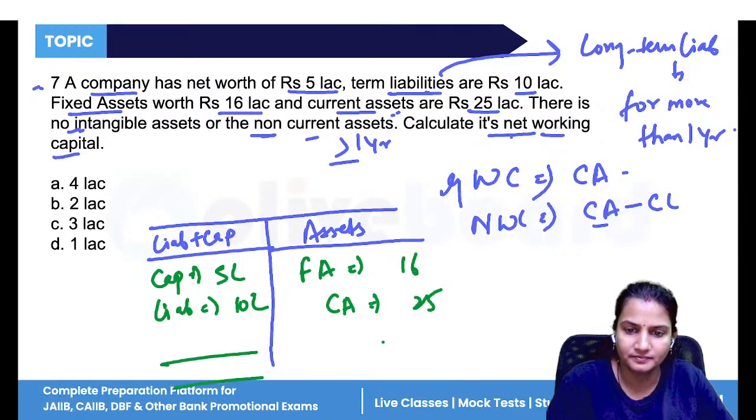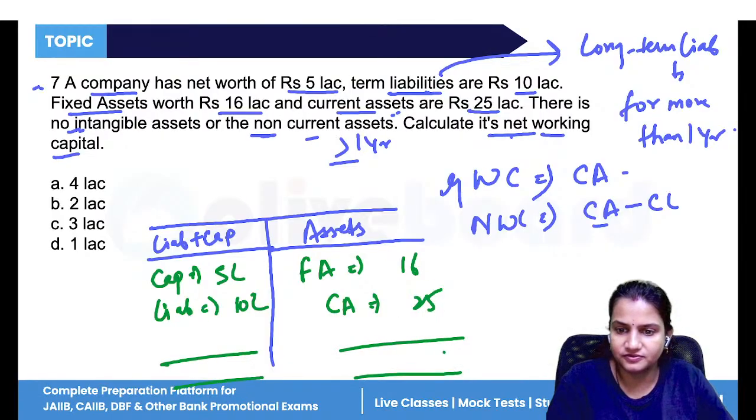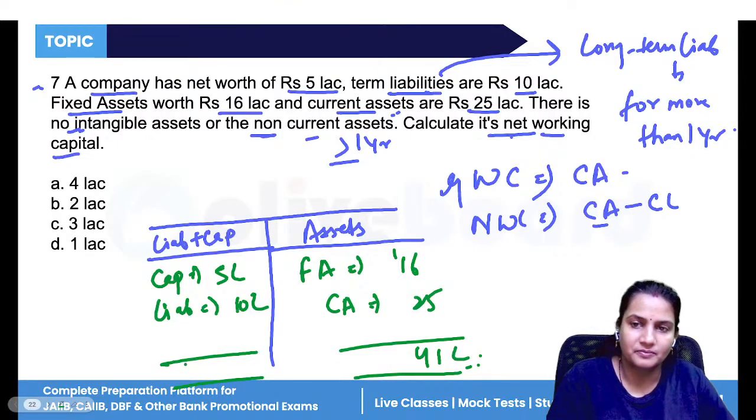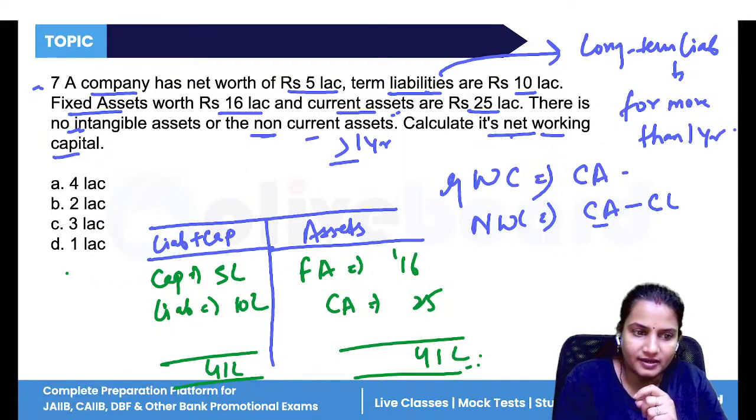Now do the total. So 6, 5, 11, 2, 1, 3, 1, 4. This is 41 lakh. Now, if this is 41 lakh, then in the balance sheet we have to tally both the sides. So this should also be 41 lakh. Now, we know that the capital is 5 and the liabilities are 10.